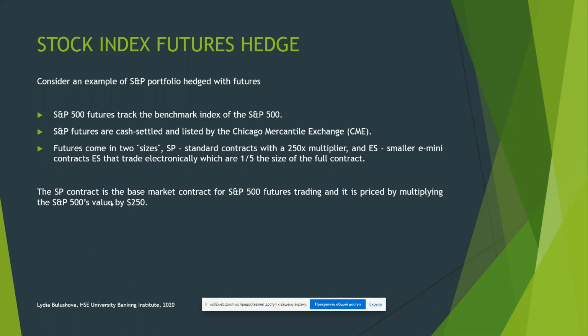at $250 multiplied by $1,000. It means that if you purchase one futures contract, you have an obligation to trade $250,000.